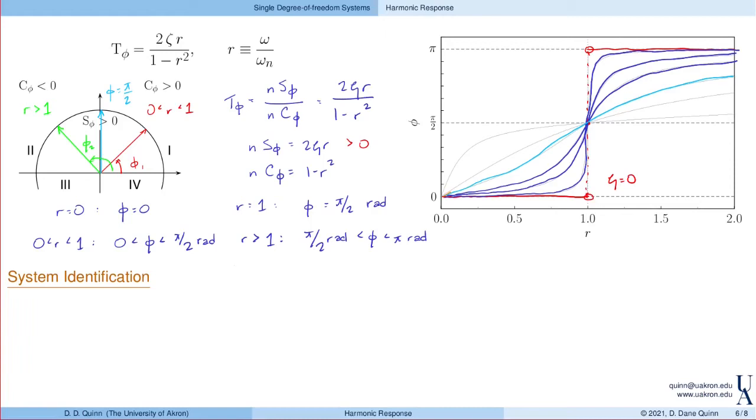And so zeta equals 1 is given here. Finally, if zeta is large, say zeta is equal to 4, we get a curve that looks like that. So once again, we see that increasing damping, or in this case, increasing zeta, tends to smooth these curves out.